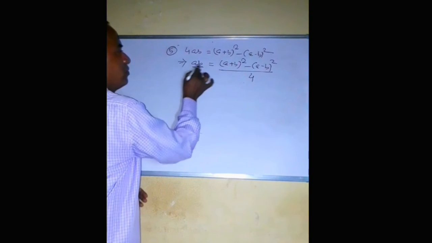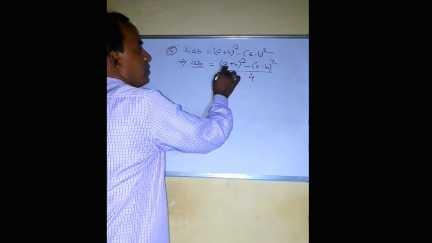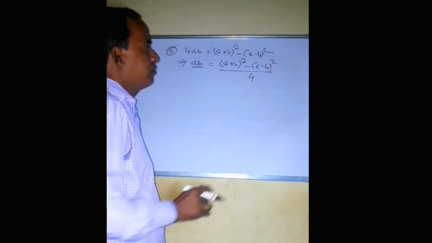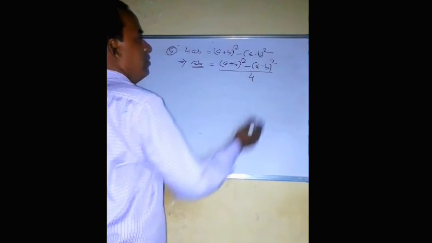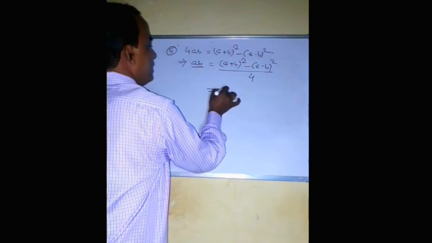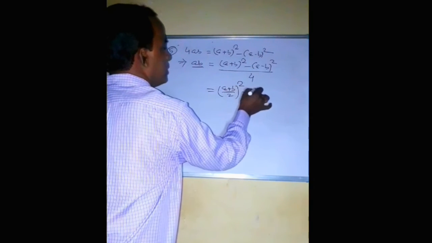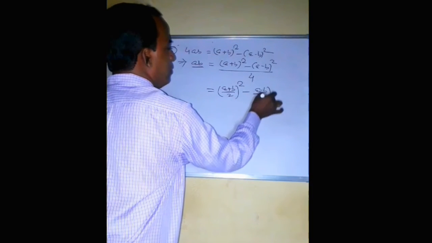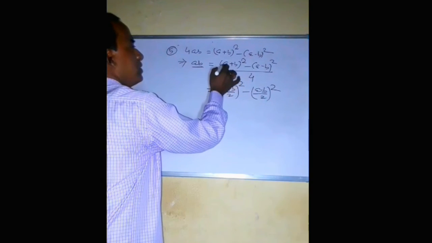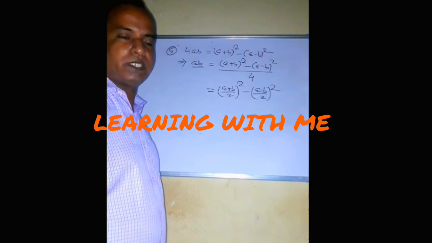That means the product of two numbers equals the square of its sum minus the square of its difference, divided by 4. So it can also be written as a plus b by 2 whole square minus a minus b by 2 whole square. How? Because 4 means 2 square, so one is a plus b by 2 whole square minus a minus b by 2 whole square. It is another formula.